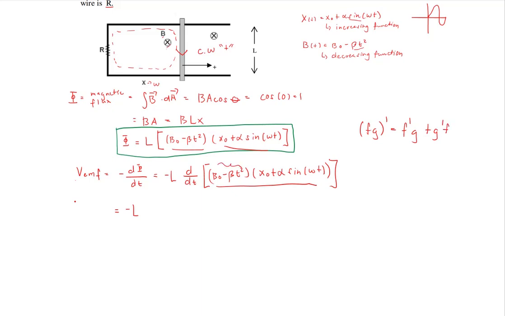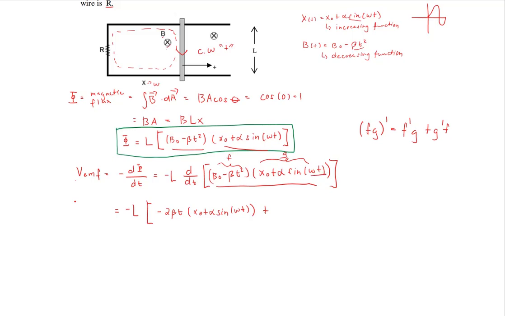We'll let this term be f and this term be g. The derivative of f is negative 2 beta t, times g, x naught plus alpha sine omega t, plus derivative of g.